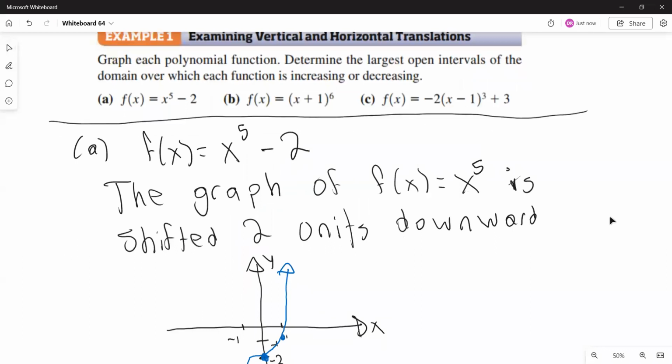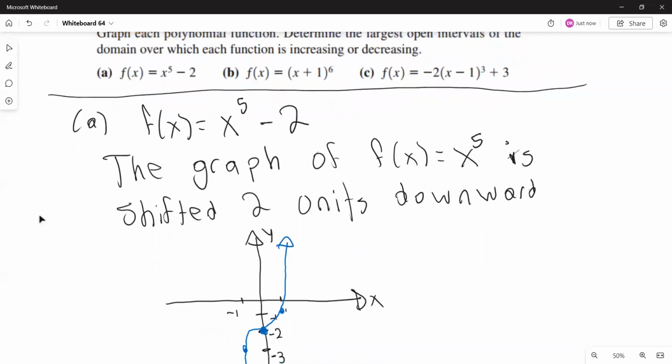Now f of x equals x plus 1 raised to the 6th power. So the basic function we are comparing to is x to the 6th, and x plus 1 is going to involve a horizontal shift, in this case, to the left.